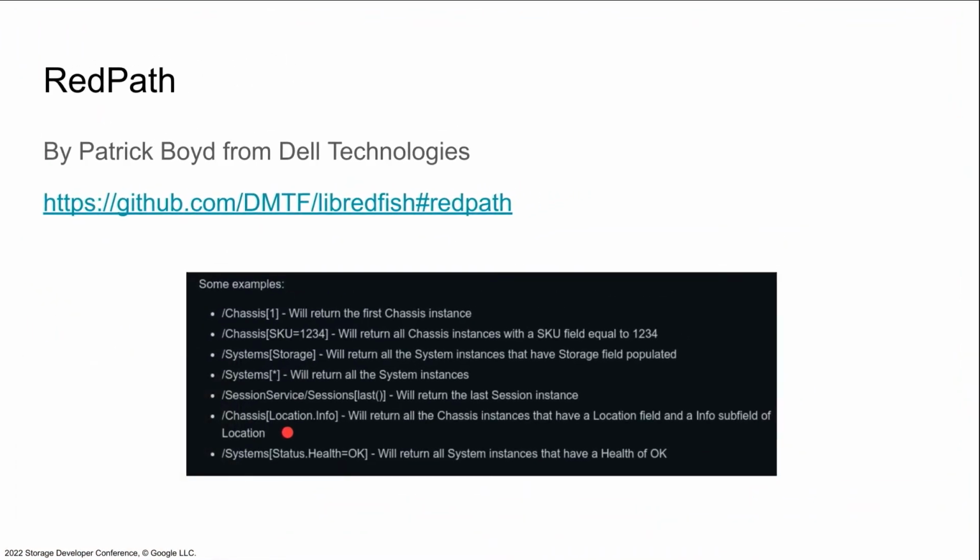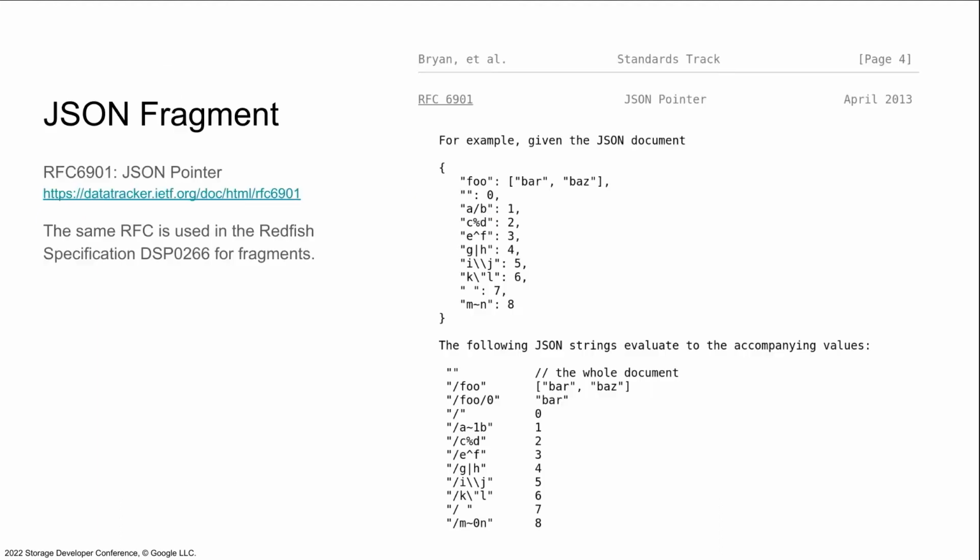So it's one way to query resources throughout a tree and apply specific filtering constraints. And then the JSON fragments, this is the same RFC as referenced in the Redfish specification. So this is how you can reference sub-properties within a Redfish resource.